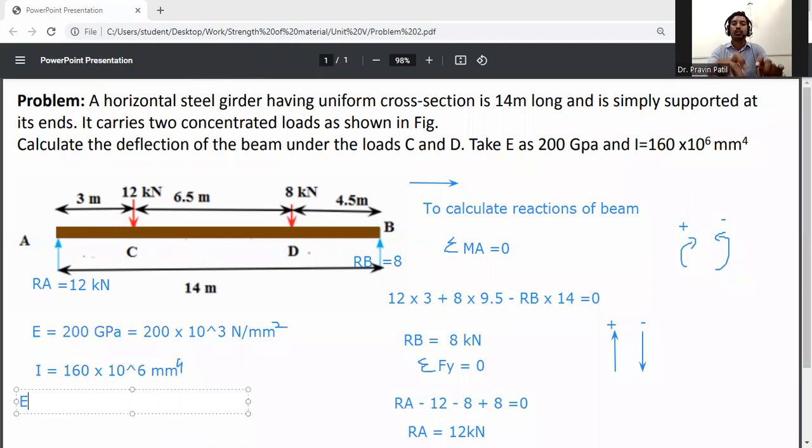EI is equal to 200 into 10 raised to the power 3 into 160 into 10 raised to the power 6. So we get the EI value from this relation. It will be 3.2 into 10 raised to 12.